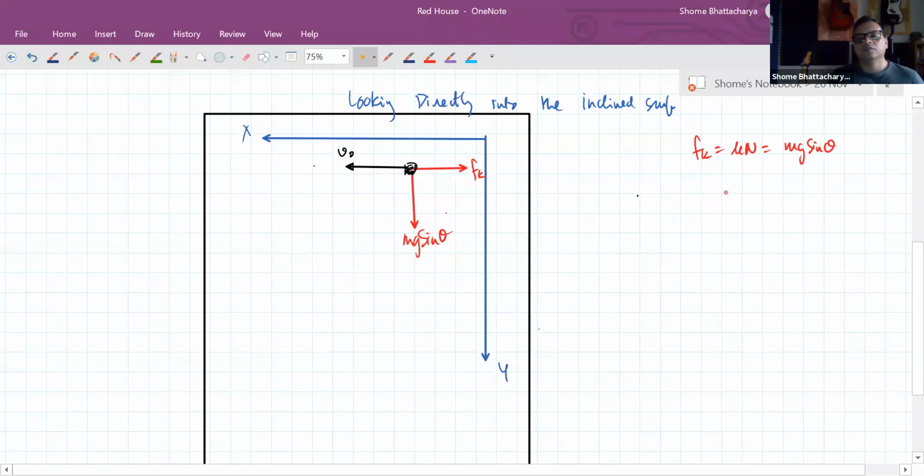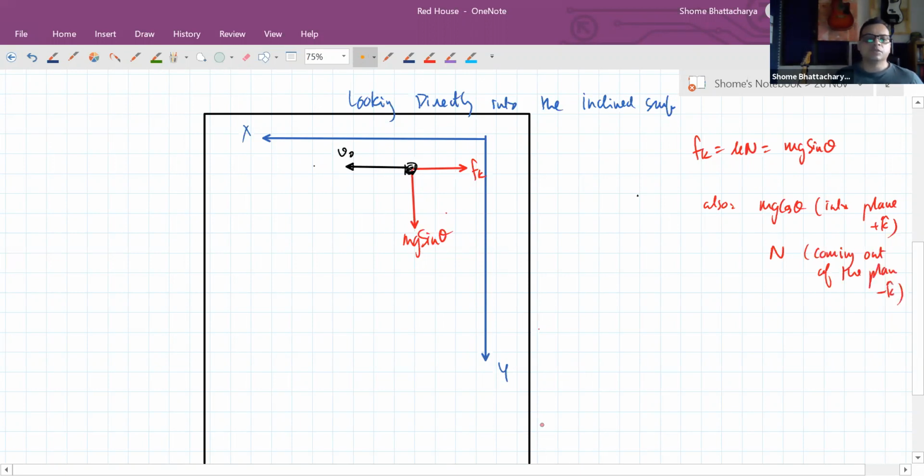Whereas there is also mg cos theta going into the plane, that is along plus k cap. And there is normal reaction coming out, which I'm not showing in the diagram, or along minus k cap coming out of the plane.